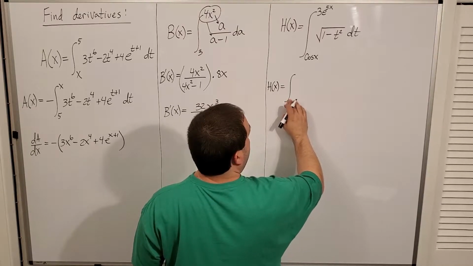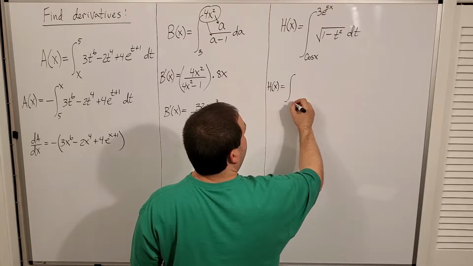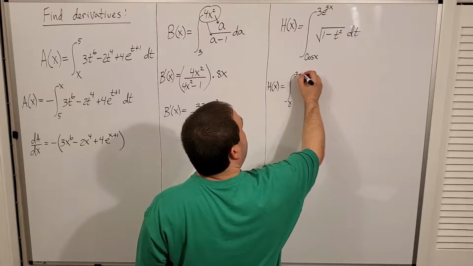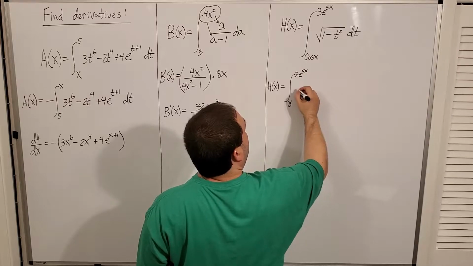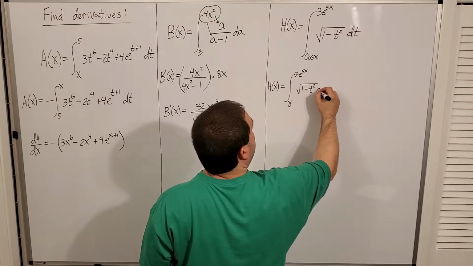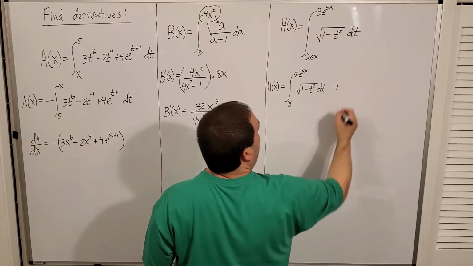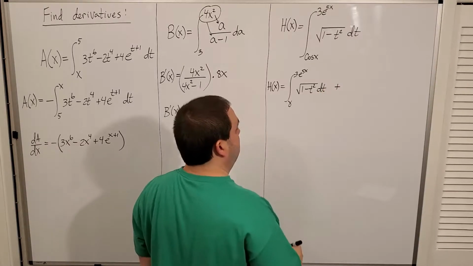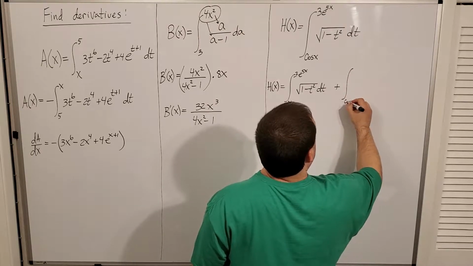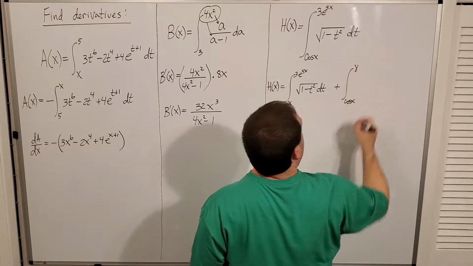Instead of hashtag, I'll pick something like gamma, to 3e to the 5x of square root 1 minus t squared dt, plus the integral from cosine x up to gamma.